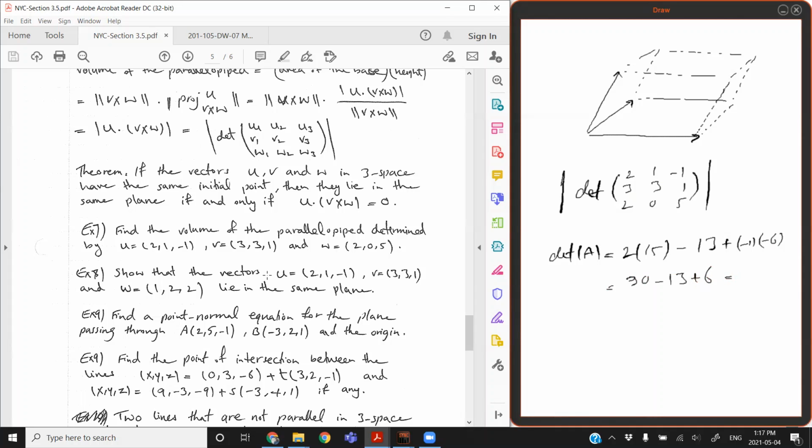That's 36 minus 13. It's going to be 23. And then the absolute value of 23 is also 23. So the volume is going to be equal to 23. Is this clear?